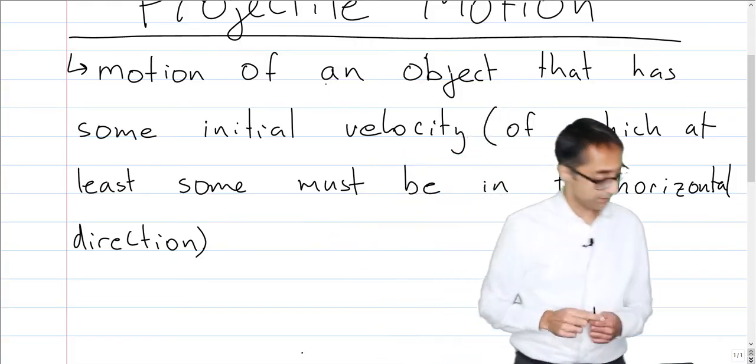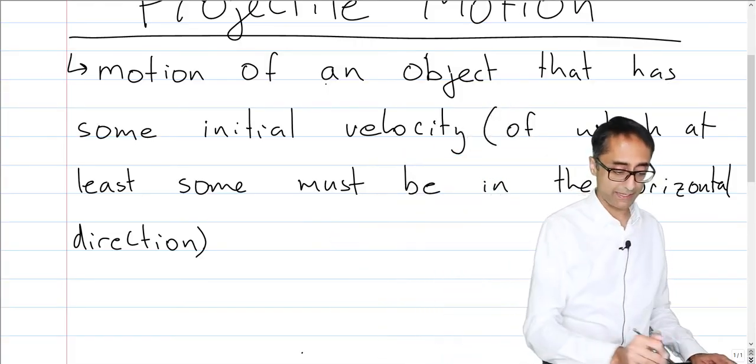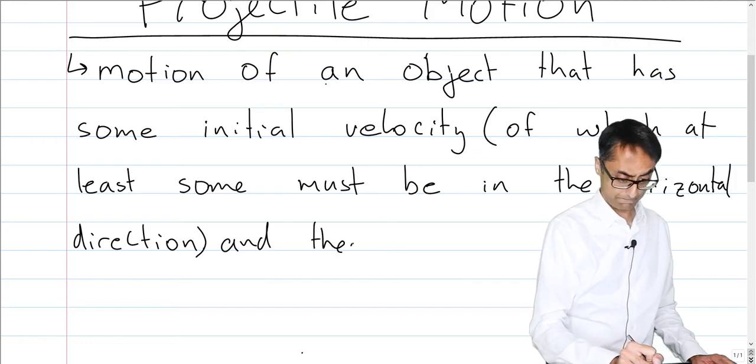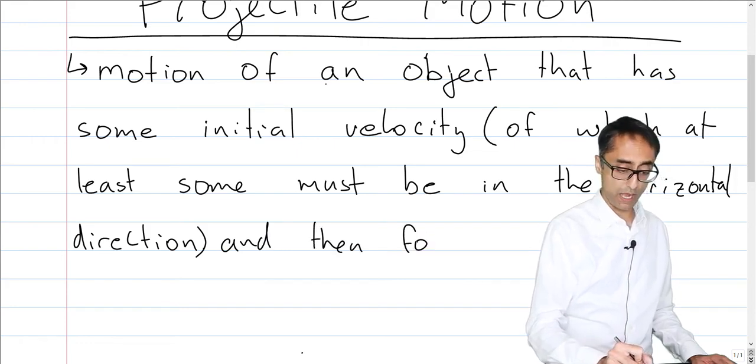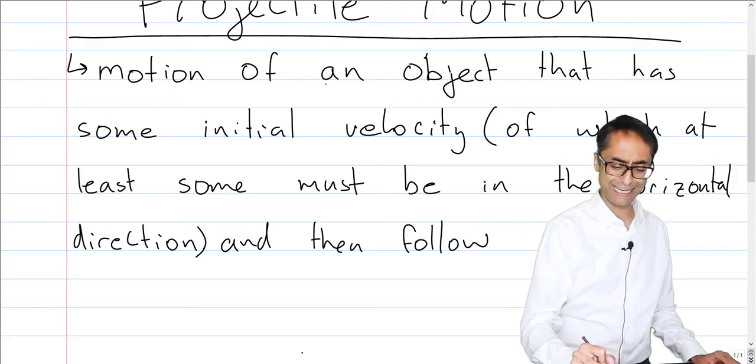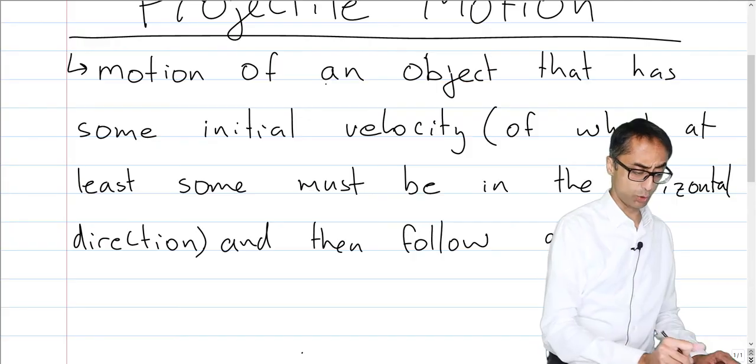And then there's more. The addition to that is once you have that initial velocity, the subsequent motion of our object must follow a path dictated by gravity alone.